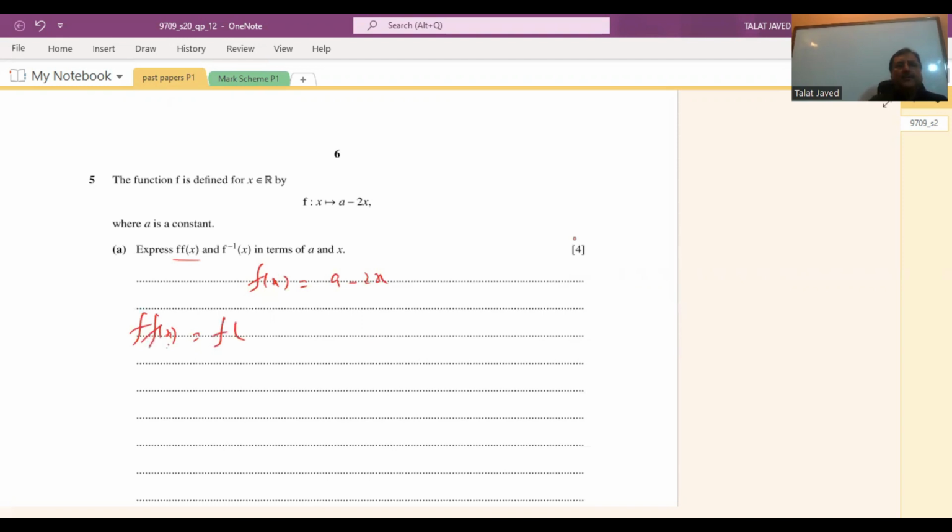First we apply f to x according to this function, a minus 2x. Now this is the new x, so again we apply the function and get a minus 2 into a minus 2x, because the function is f of x equal to a minus 2x.